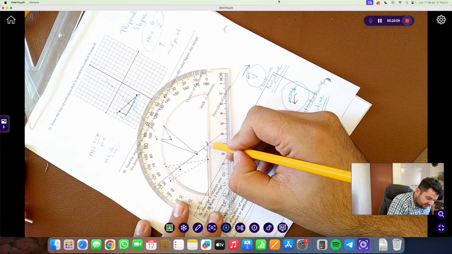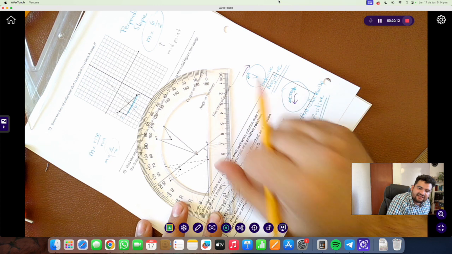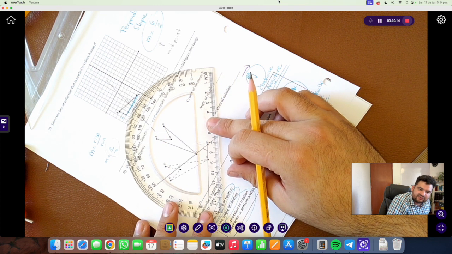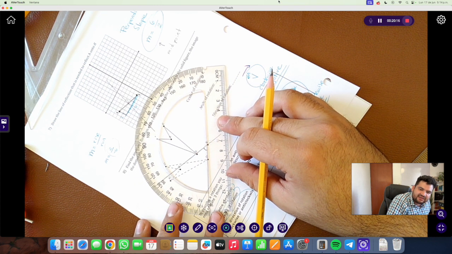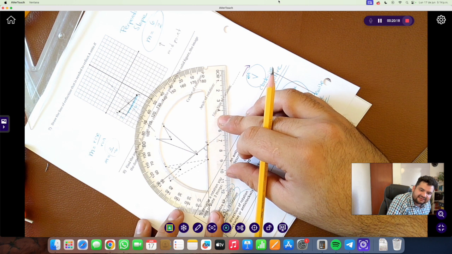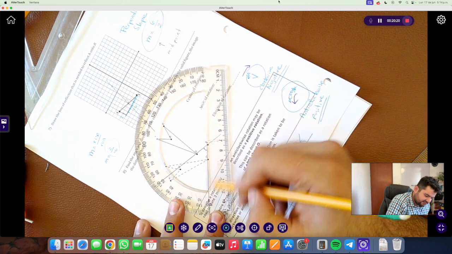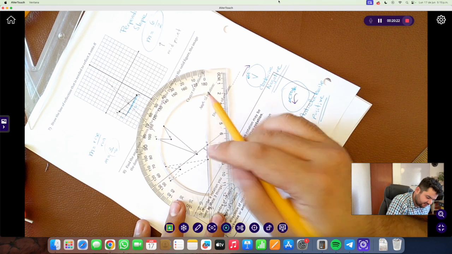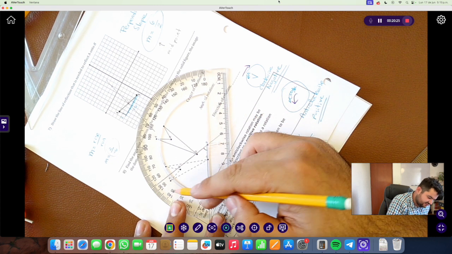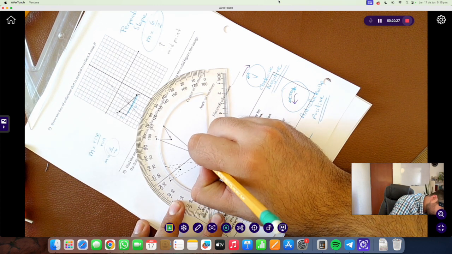So here is my, at first I thought, oh, here is my center of rotation, but no. I need to align 0 with my line. So do you see here is 0 and here is my center. So this measures 55 degrees.